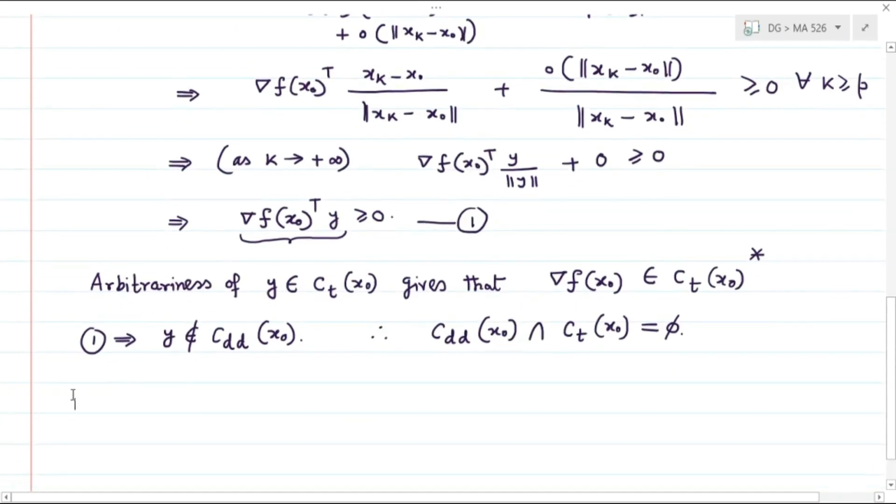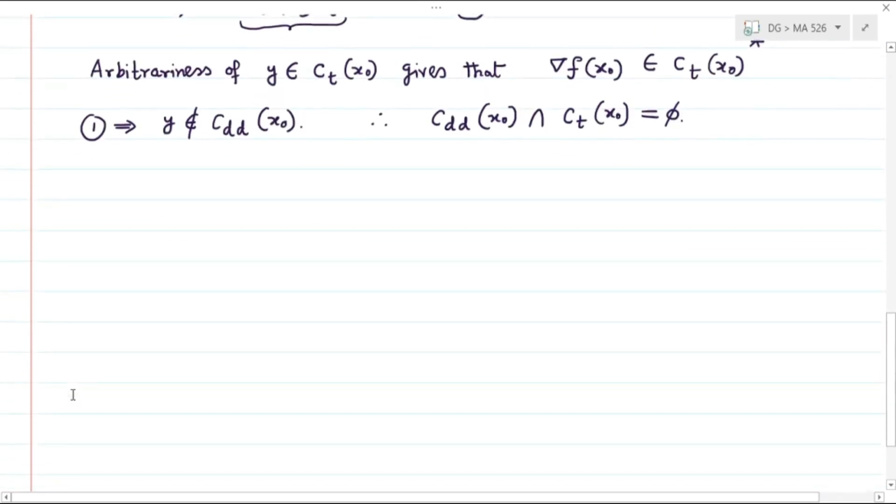It says that if x0 is a local minimizer, then grad f must belong to the dual of the tangent cone. Now, let me hypothetically draw a feasible region, and there let me locate the dual of the tangent cone. Let me say my feasible set is this.